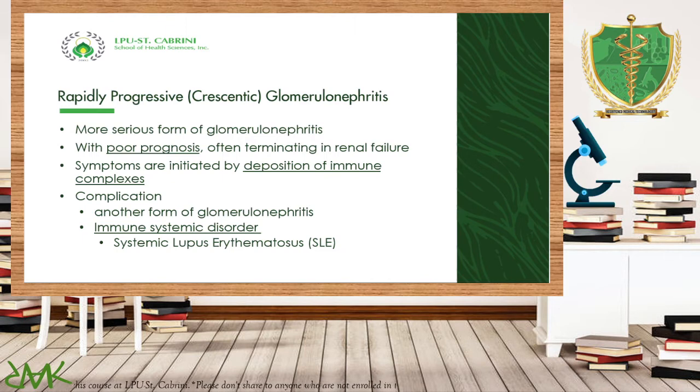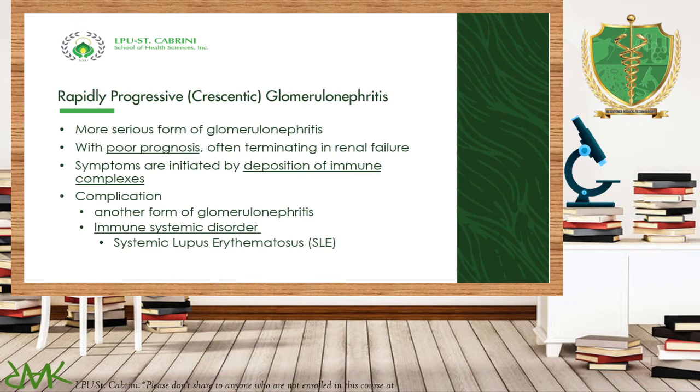The complications include another form of glomerulonephritis. That's why it can lead into a renal failure, often terminating into renal disease, because it can lead into other forms of glomerulonephritis.